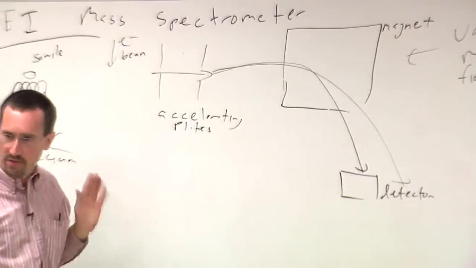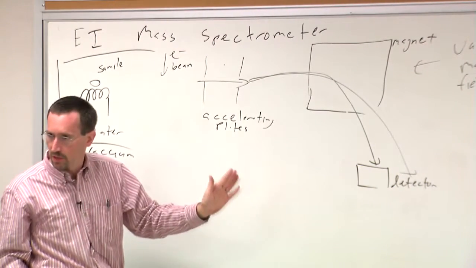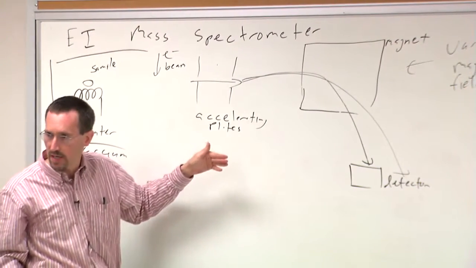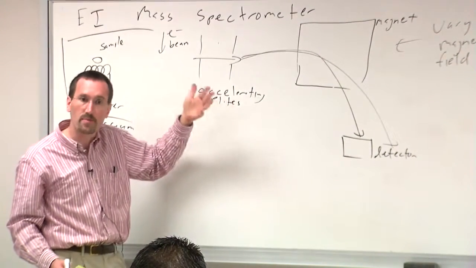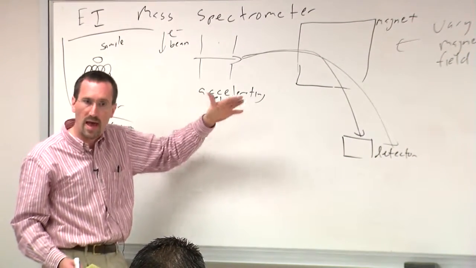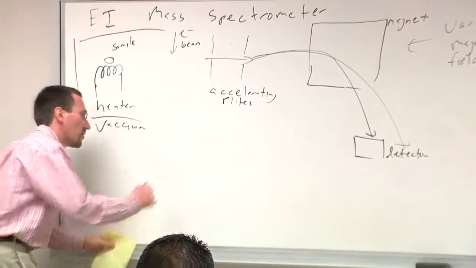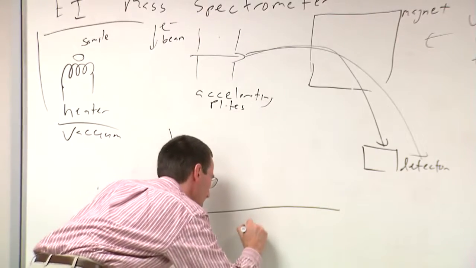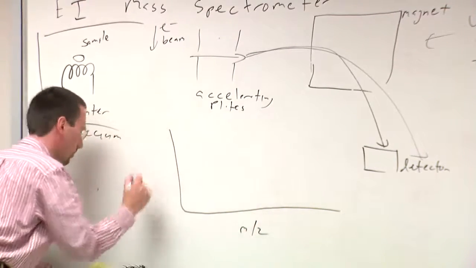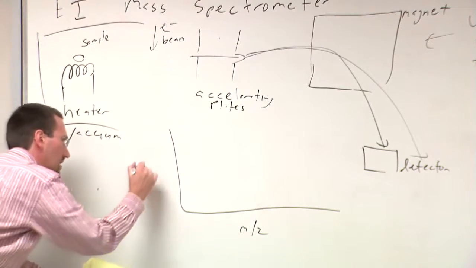And if you plot the current versus magnetic field, then you basically get a graph, and that graph translates to mass to charge ratio versus intensity. So on the x-axis, you will see m over z. And on the y-axis, you'll see intensity of the current.